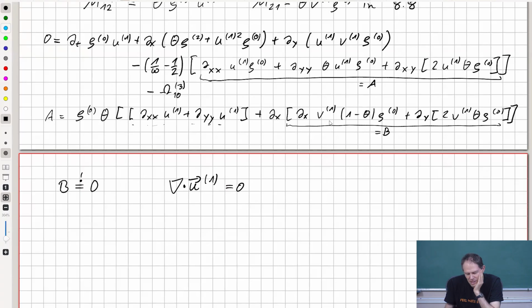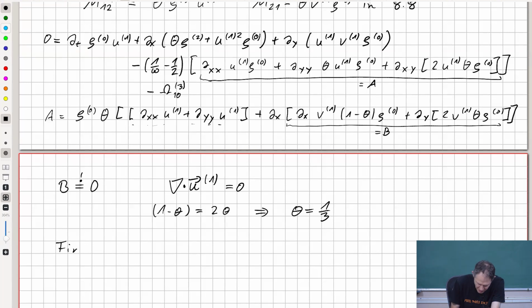So this would just be proportional to the divergence of u, right? So then we can write that 1 minus theta is equal to 2 theta, and this implies that theta is very surprisingly 1 over 3, which we have now derived in three different ways.